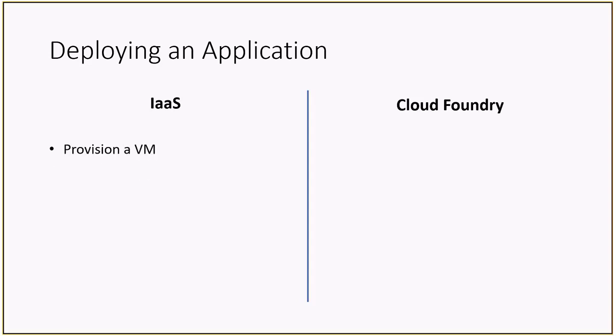The first thing you probably want to do on the IaaS is provision a virtual machine. You need some place to run your application. Next, you may want to install the application runtime on this virtual machine. For example, if your application is a Java application, then you would install the JRE.